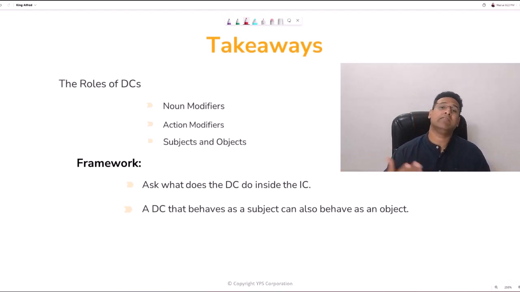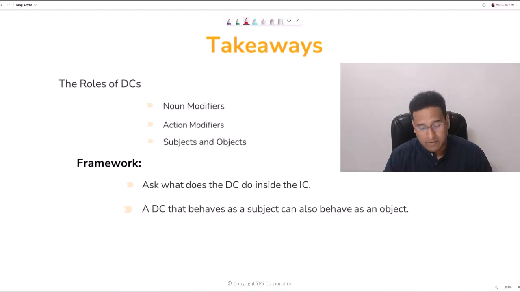But then we went a level deeper and understood that noun modifier DCs and DCs that behave as subjects and objects are connected with 10 typical DC connectors, which are, very quickly, when, where, why, how, who, whom, whose, which, what, and that. Remember these 10, write them down somewhere, say them a few times till you're able to memorize them.